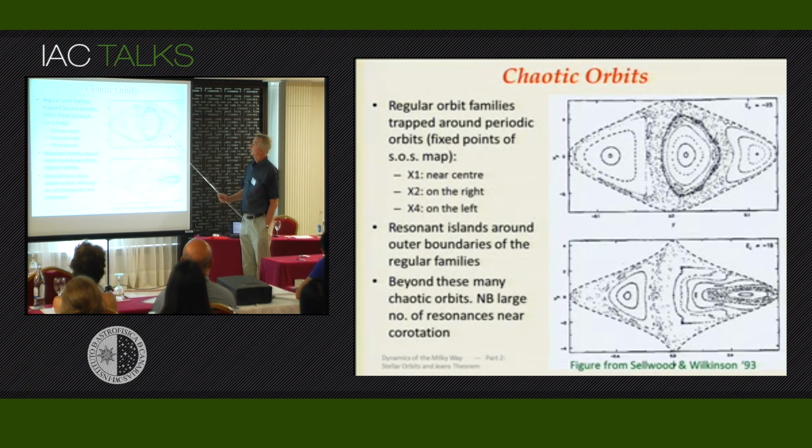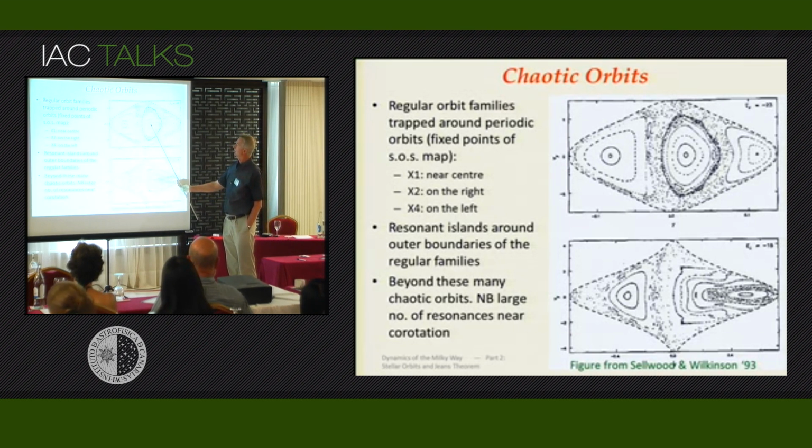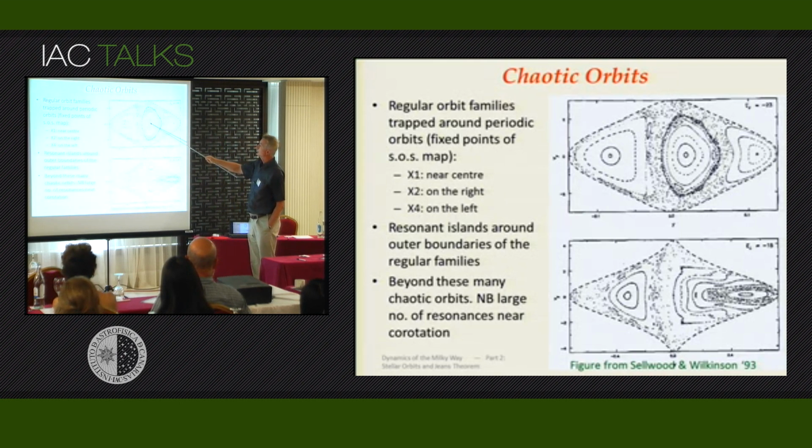So now this is one of the cases where chaotic orbits may play an interesting role in galaxies: these rotating bar systems. Now in this surface of section here, you can see the main orbital families that we were looking at just now.